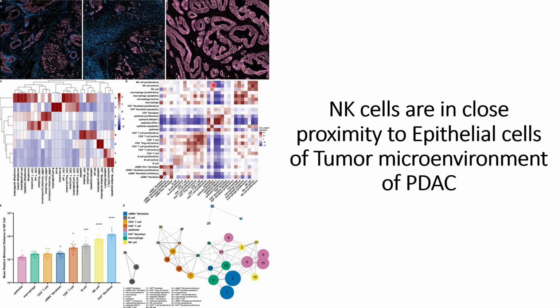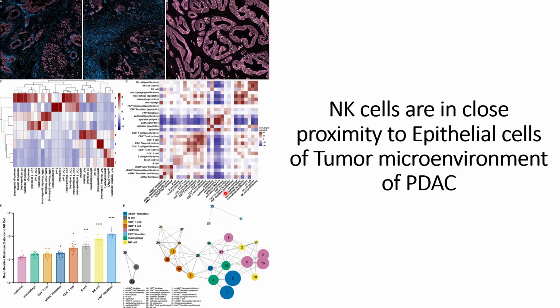We can see that it is red in color, which indicates that the NK cells that are proliferative in nature are more commonly found in the epithelial regions or near the epithelial cells.